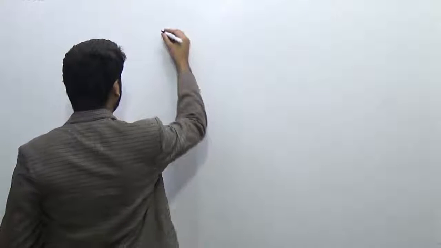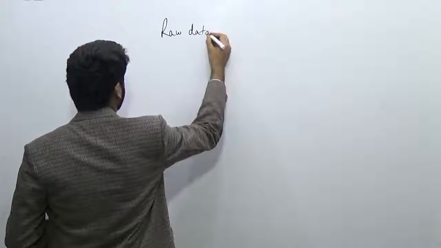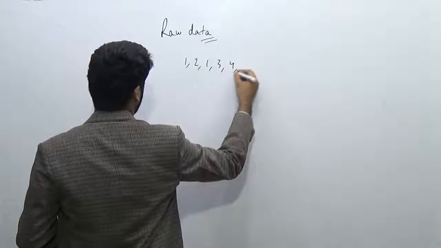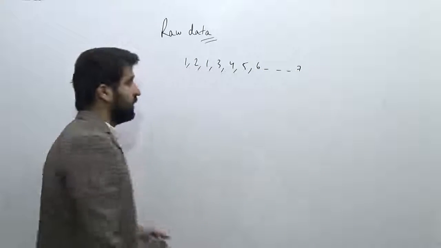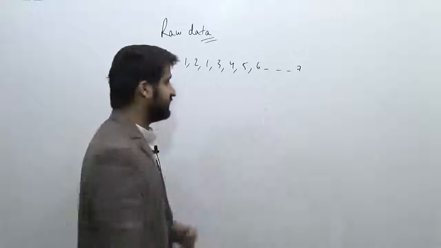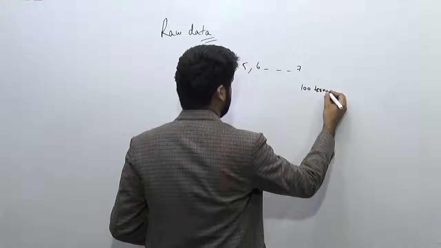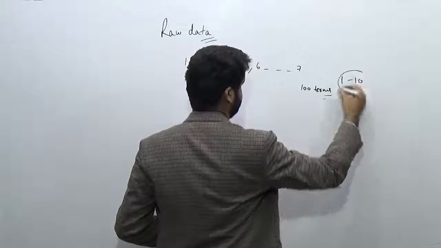Now for raw data, it is pretty simple. If you are given data like this, 1, 2, 1, 3, 4, 5, 6 and so on, let's say the last term is 7. And let's suppose I have 100 such terms, varying from, let's say, 1 to 10.